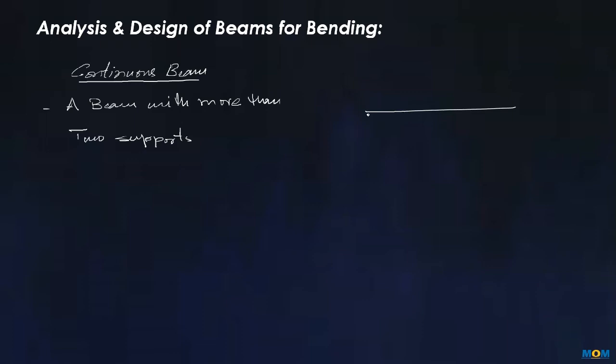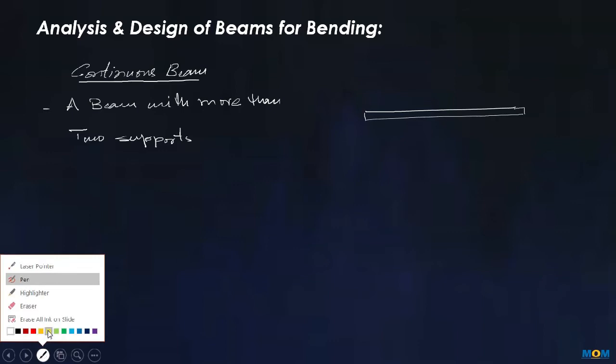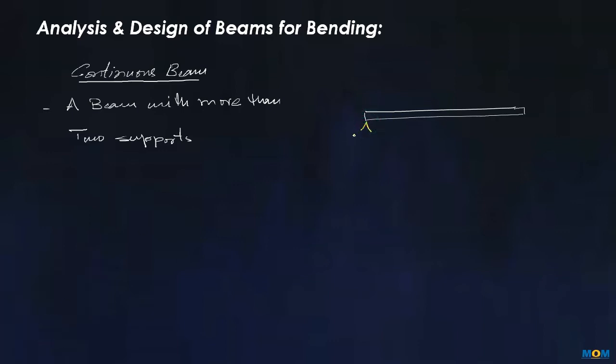Let's say we have a beam. Now this end is supported with pin support, and here we have the roller support. Again at this point we have the roller support. So at point A we have pin support, at point B we have roller support, and again at point C we have the roller support. So this is the representation of continuous beam.